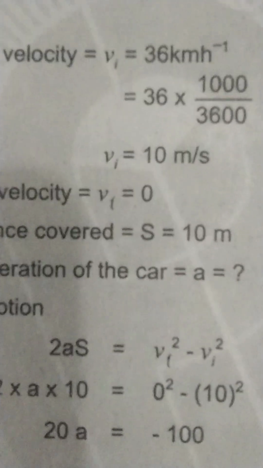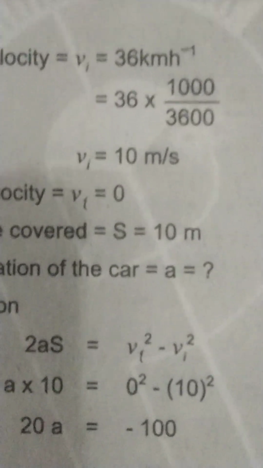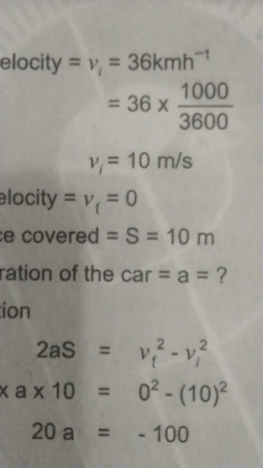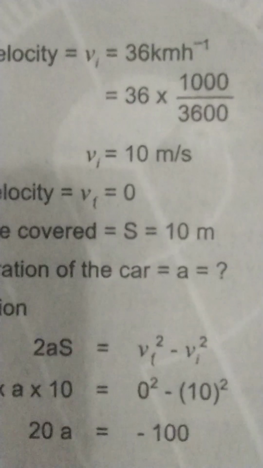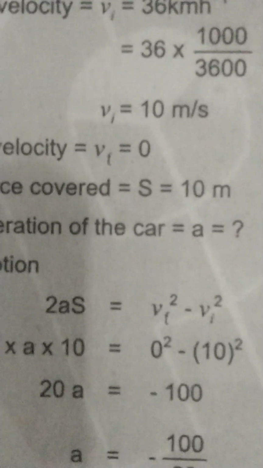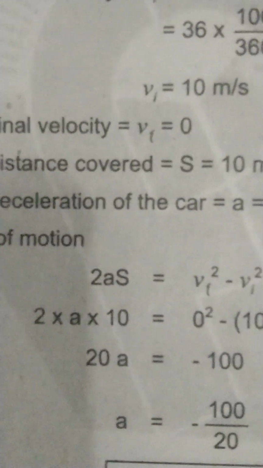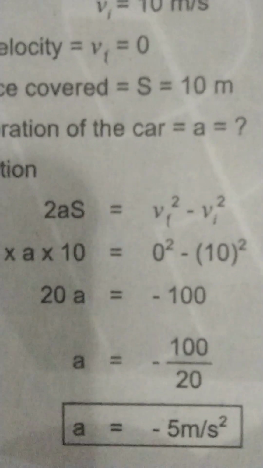First of all you will see the velocity. We have to convert it to meter per second: kilometer is 1000, hour is 3600 seconds, multiply with 36 and divide, then we will get 10 meter per second. Then the final velocity is 0, distance given is 10. We have to find the acceleration. For deceleration, the formula is 2as is equal to vf square minus vi square.